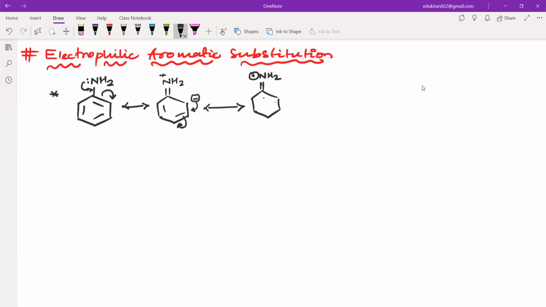Nobody remembers anything even now? This is very bad, guys. So is it plus M? Yes, correct, Faisal. It is plus M only. Why? Because it is giving electrons to the benzene ring, na? Right? Yes. So this is giving electrons to the benzene ring.